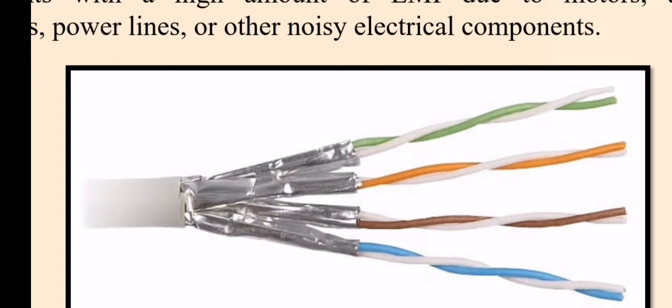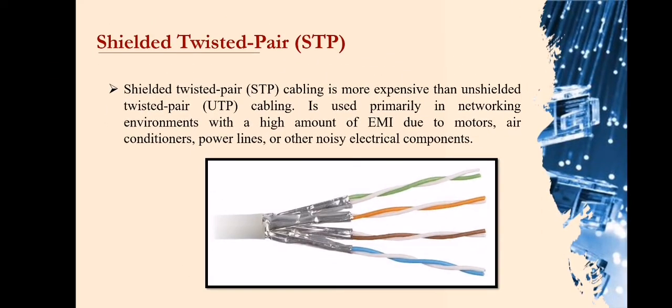As you can see in this picture, the STP looks like the UTP cable. The only difference is the foil that you can see here. The UTP does not have a foil, unlike the STP cable that you can see in this picture. They basically have the same colors and the same number of wires, which are the insulators and the conductors.